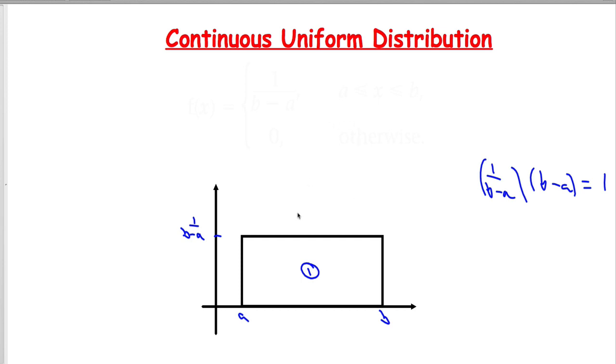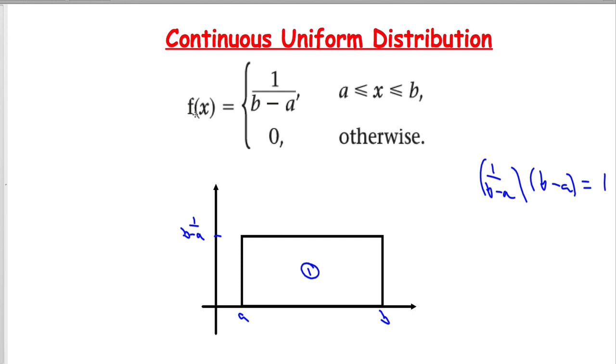So that's the definition of a continuous uniform distribution. It has a probability density function of 1 over b minus a between a and b, and 0 otherwise.